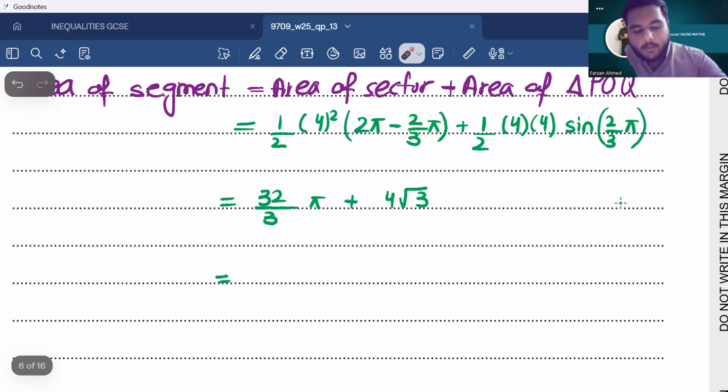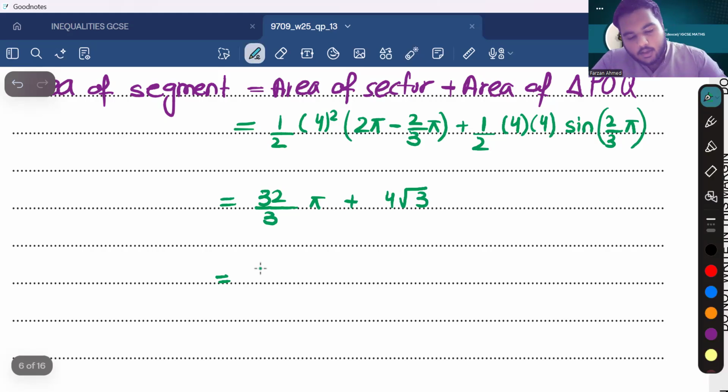So 32 upon 3 pi is 33.5, plus 4 square root of 3 is equal to 6.93.